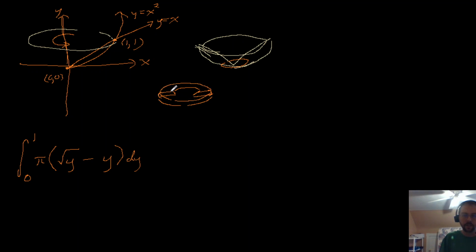Hopefully that was clear enough. This is why this is called the washer method, because the little slices end up looking like washers. So this integral gives you these slices moving in this direction to find this volume.